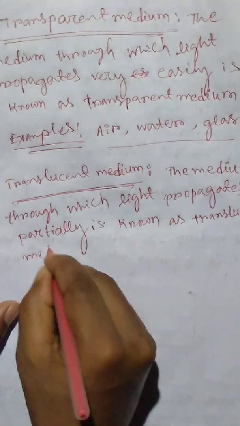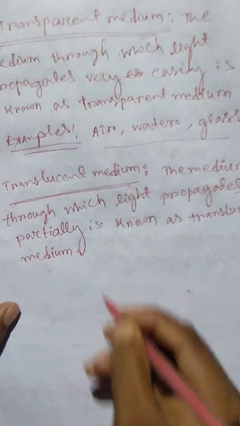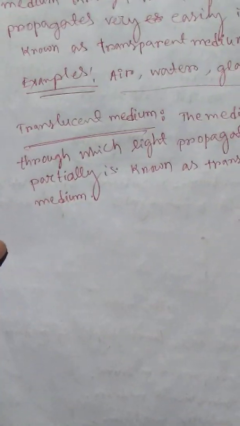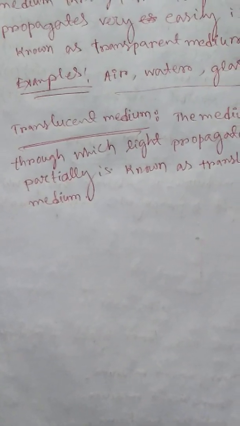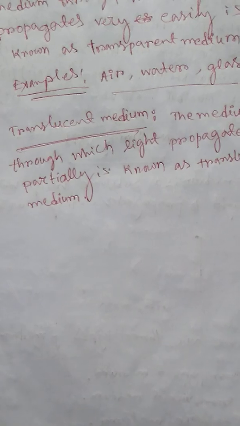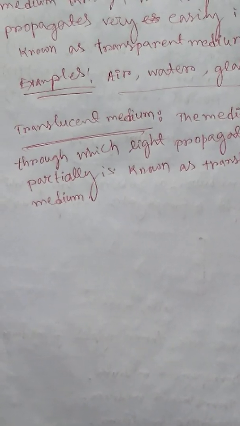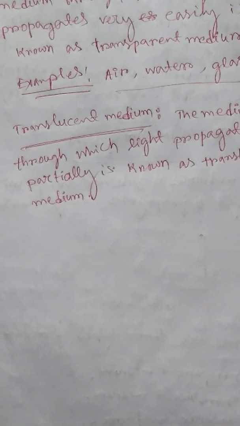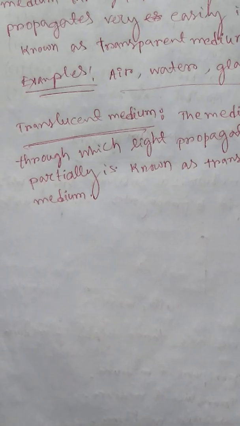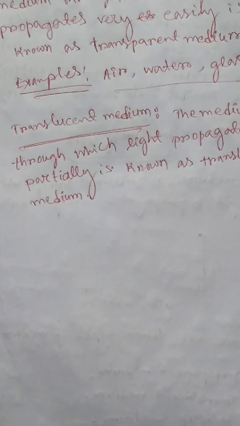The medium through which light propagates partially is known as the translucent medium. Actually, this is a medium which does not resist the light rays completely, and which also does not allow the light rays to propagate through it very easily.